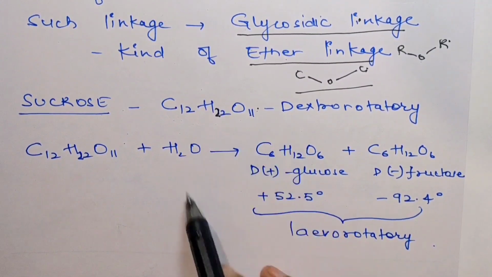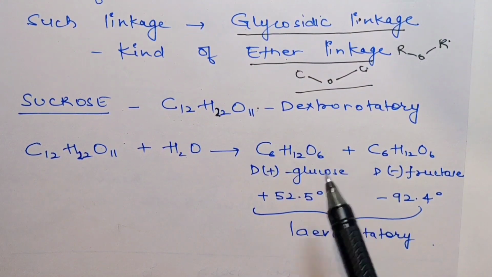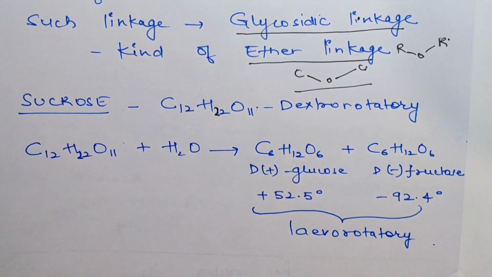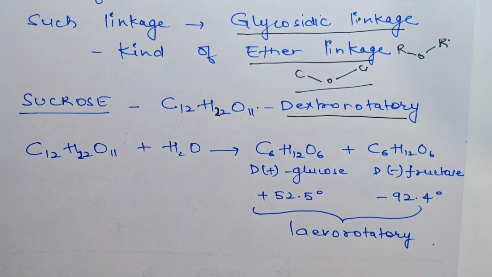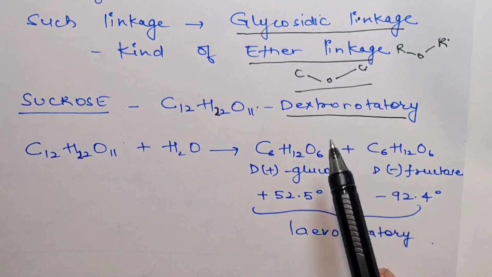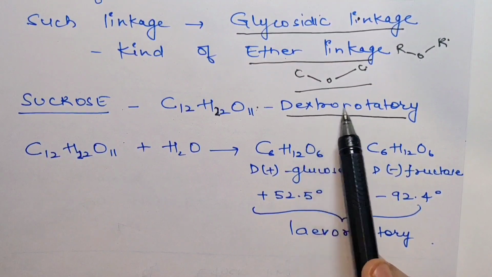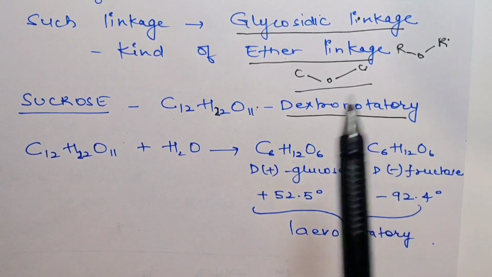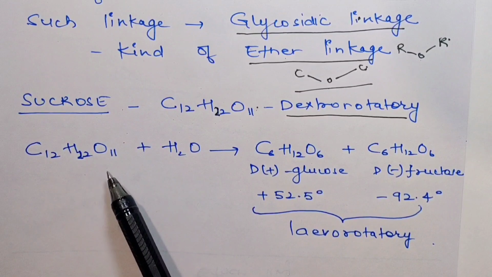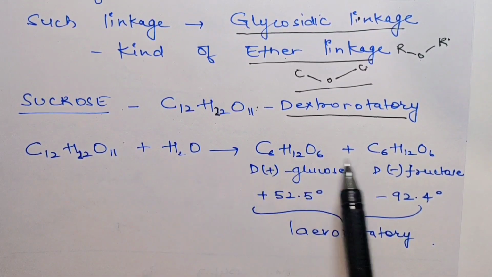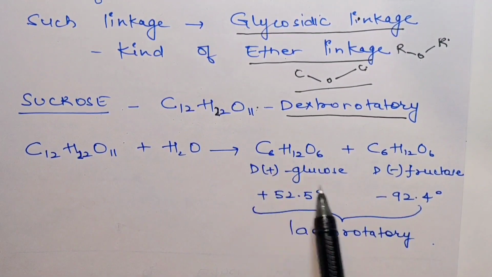Now this reaction is very important because sucrose as a compound is dextrorotatory. That means if you pass plane polarized light through a solution of sucrose, it will turn it clockwise. But once you hydrolyze sucrose, the mixture of the products that you get becomes levorotatory.